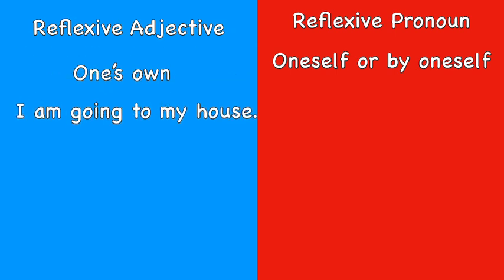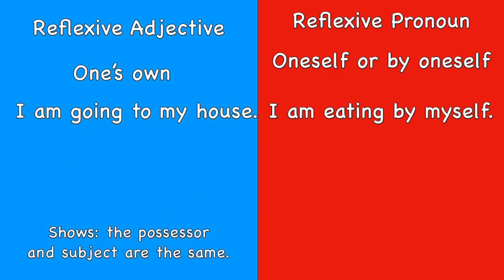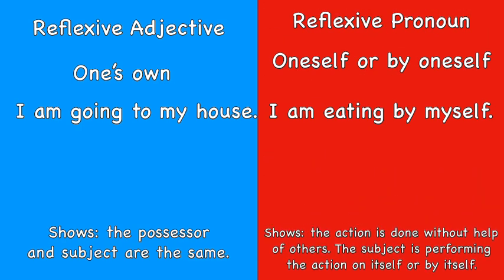For example, I am going to my house versus I am eating by myself. Reflexive adjectives show the possessor and the subject are the same. Reflexive pronouns show the action is done without help of others. The subject is performing the action on itself or by itself.